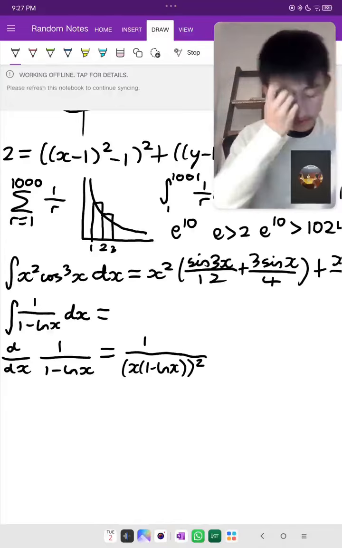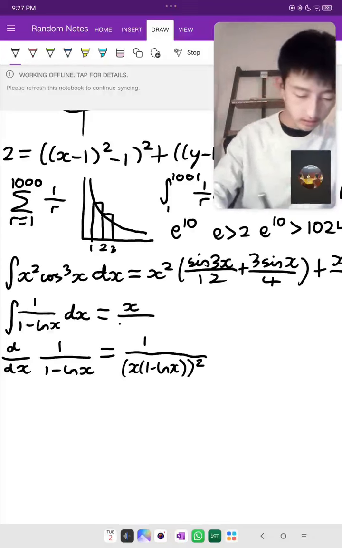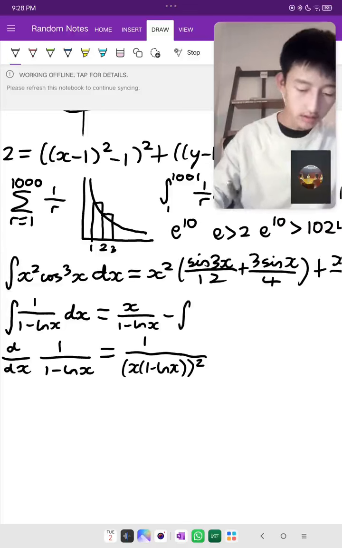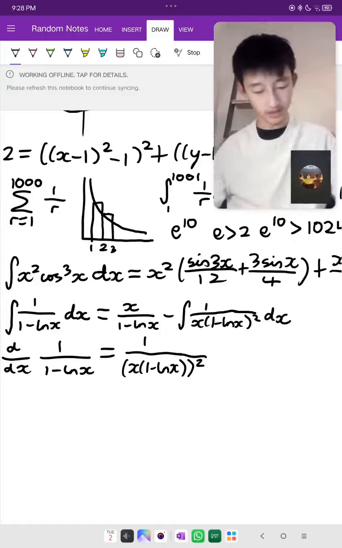So this is going to be x over 1 minus ln x minus the integral of 1 over x, 1 minus ln x squared. This really doesn't help me at all, it's just making the problem harder.